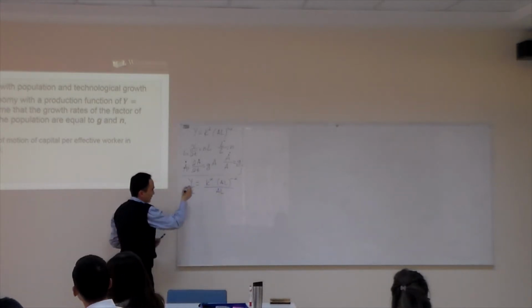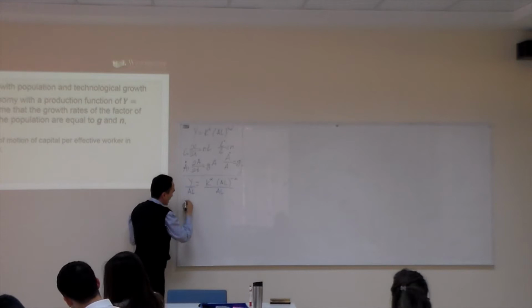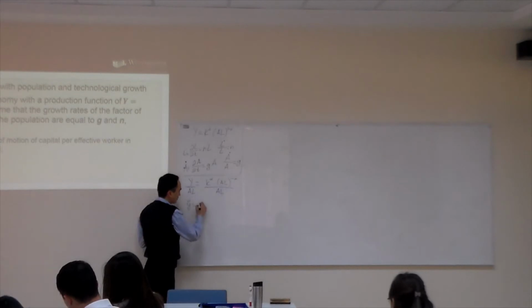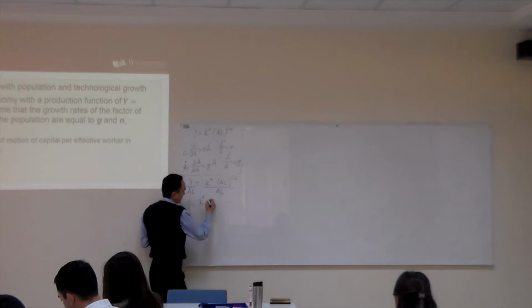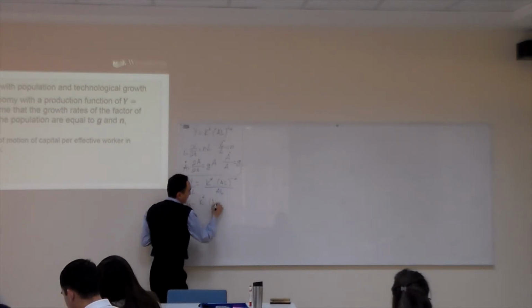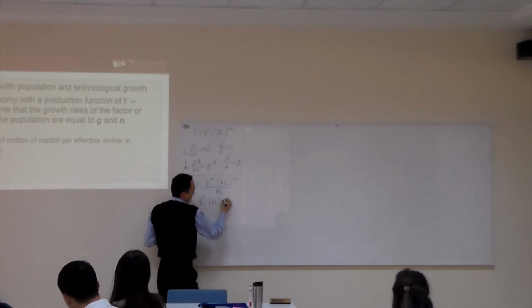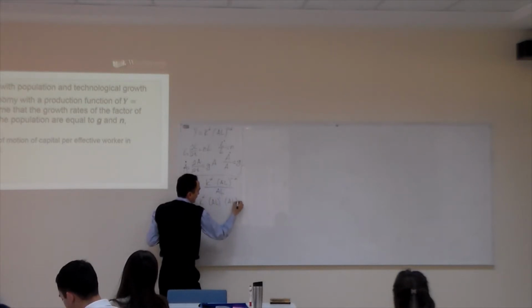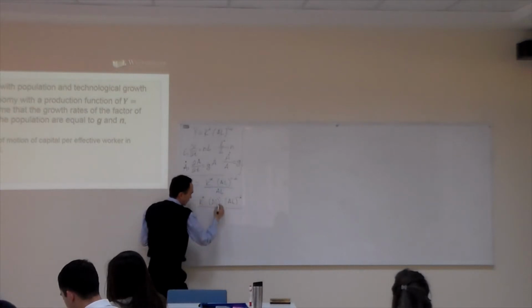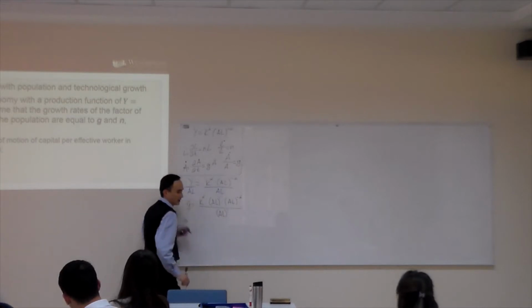If we divide both sides by effective labor, then output per effective labor is equal to capital to the power of alpha times effective labor to the power of 1 times effective labor to the power of minus alpha, I can write it, right? Over our effective labor, which has a power of 1.